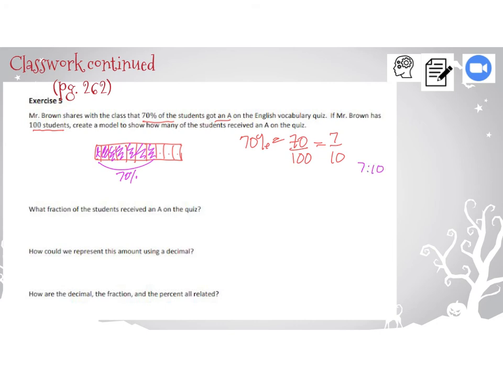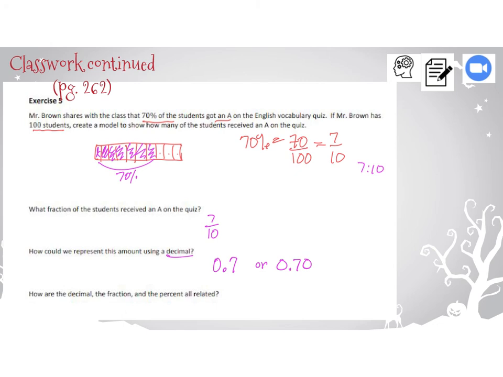Okay. What fraction of the students received an A on the quiz? So what fraction? We just wrote that. 7 over 10 is our 7, or 70 over 100. So we could do that too. How can we represent that as a decimal? Well, 0.7. Or you could also write it like that.